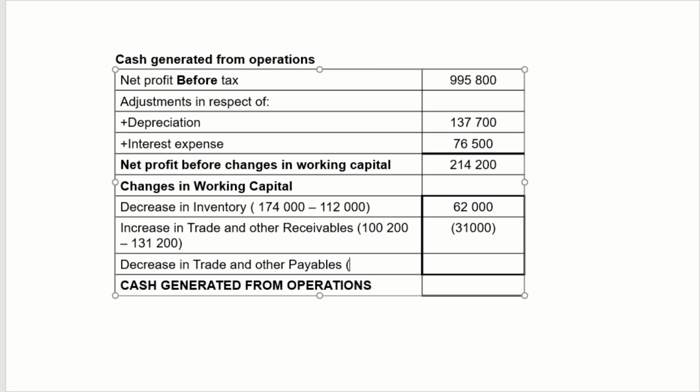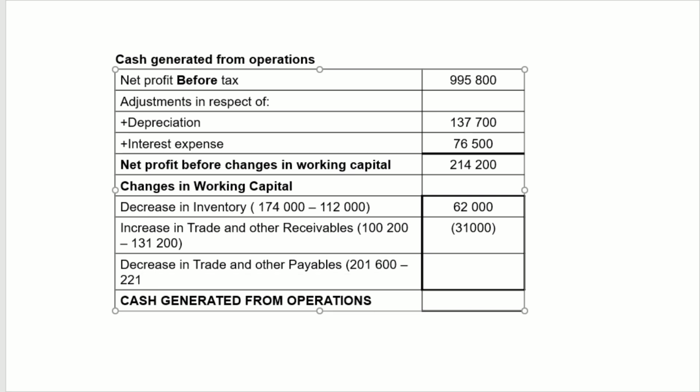So the balance at the end, in this case, was 201,600 rands. Then we subtract the balance at the beginning, which was 221,000. Then we total those out to get an amount of 19,400.